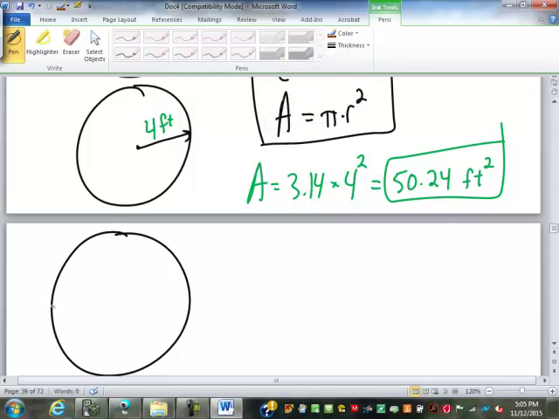Yeah, 50.24? Perfect. 3.14 times 4 squared. 4 squared is 16 times 3.14 is 50.24. Find the area of that circle.